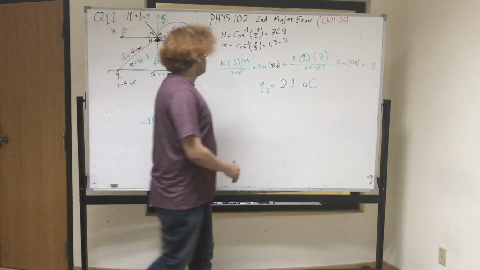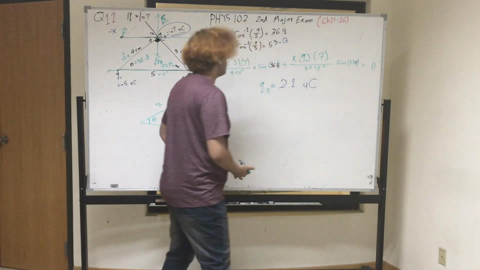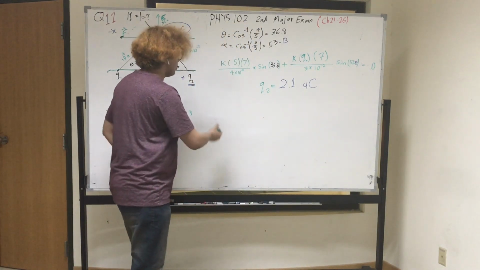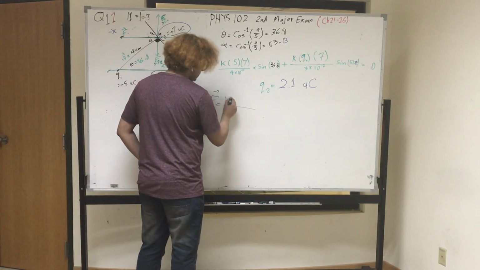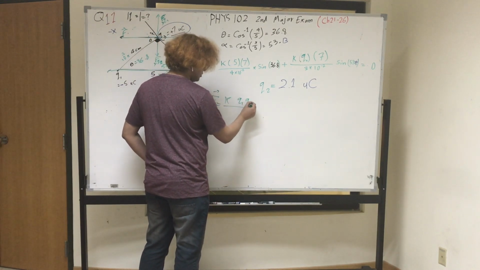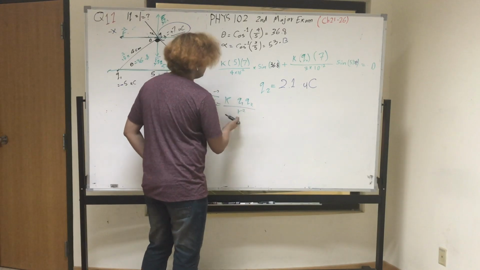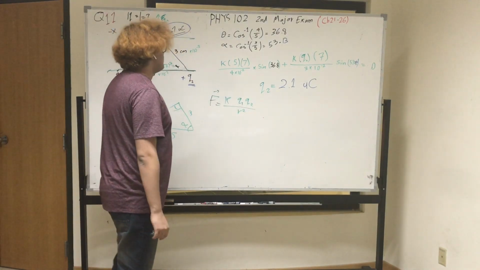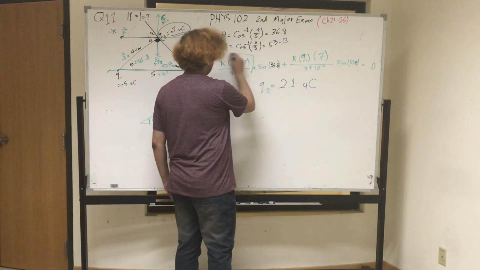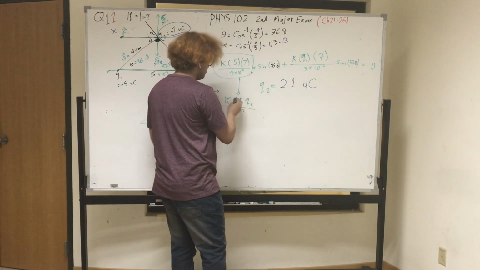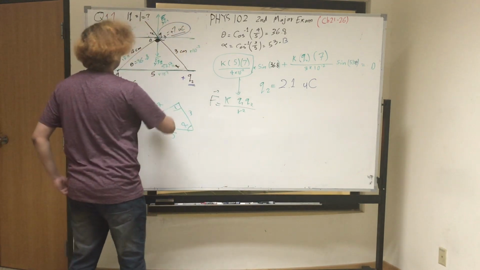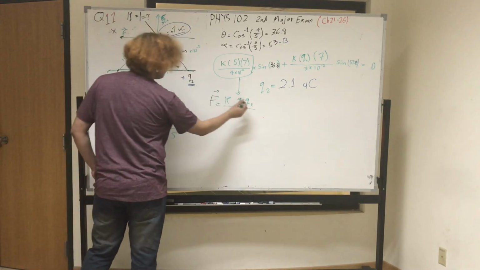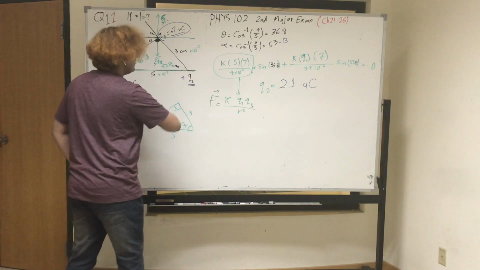What we're going to do is apply Coulomb's law. Coulomb's law says that the force is equal to k times Q1 times Q3 over the distance between them squared. This is the force between Q1 and Q3.